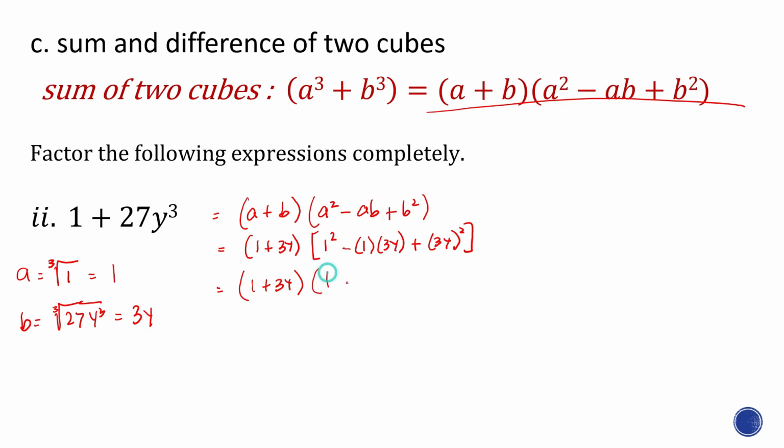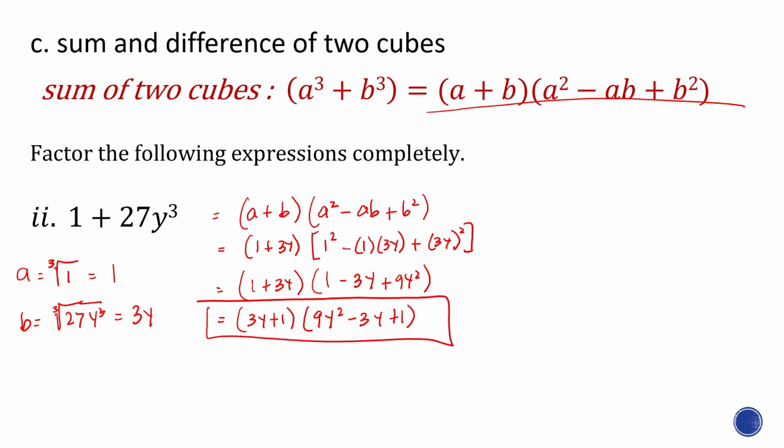This is 1 minus 3y. 1 times 3y is 3y, and then plus 3 square means 3 times 3, which is 9, and then y square. Now, let's rearrange everything to standard form. So meaning this is 3y plus 1, and this is 9y square minus 3y plus 1.